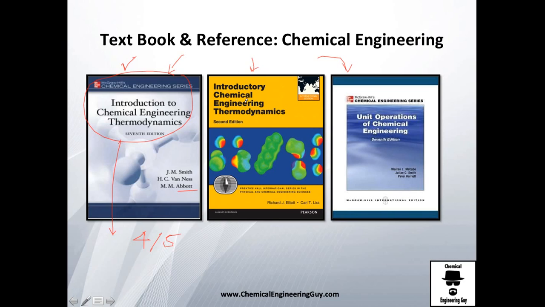Now, Introductory Chemical Engineering Thermodynamics, I actually haven't read or used it that much, but from what I have been in contact with, I don't like it that much because they start giving you a lot of abstract concepts and they start studying entropy, which I think is a little bit too soon. I would rather start by analyzing the first law and then go to the second law.